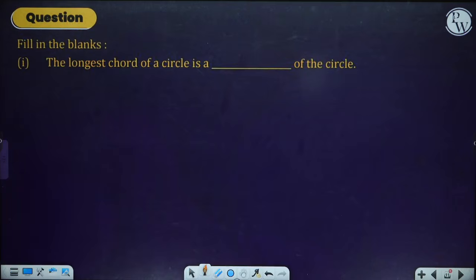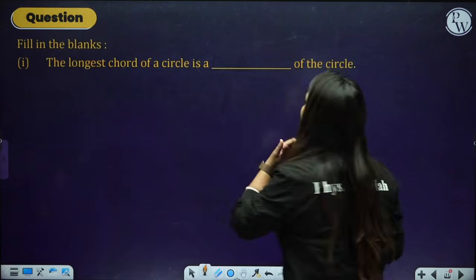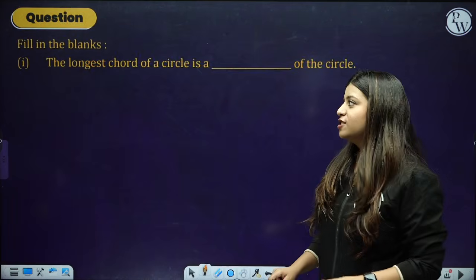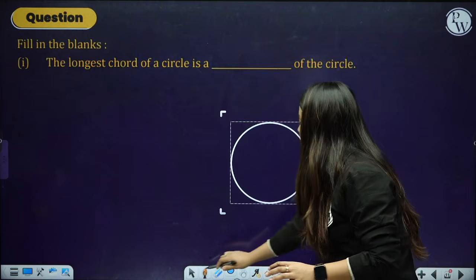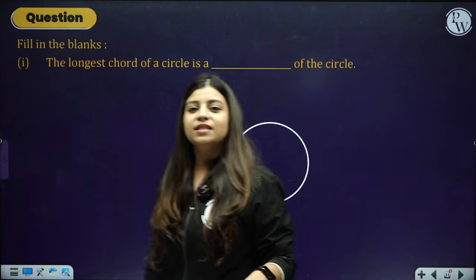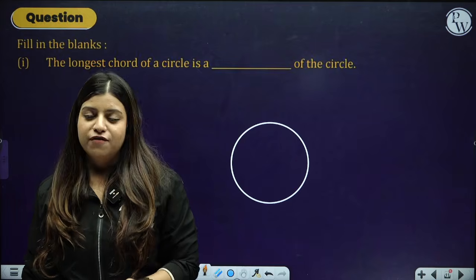We have discussed certain things by now. Let's give it a quick recap of what we have done. The first thing is, the longest chord of a circle is dash of the circle. What is a chord of a circle, students? It is any line that starts from the circumference of the circle and ends at the circumference of the circle.